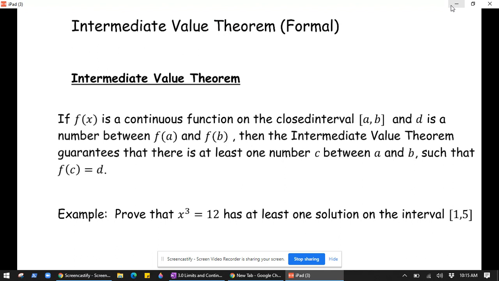So just a quick picture to illustrate here. Okay, say that's a and that's b. If this is my function, that would mean that this is f of a, and this up here is f of b.